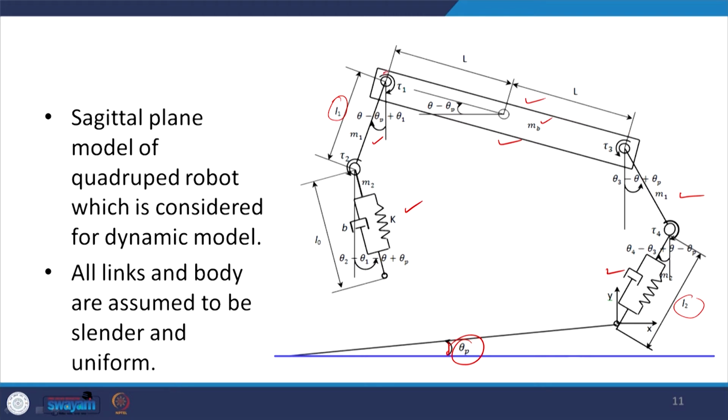Here are the two joints for the rear leg, and here are the two joints for the front leg. All links and body are assumed to be cylindrical and uniform, and we considered this sagittal plane model because the derivation of the expressions is simpler.